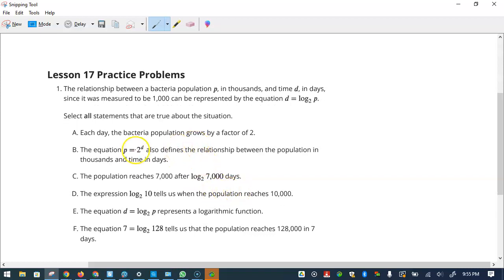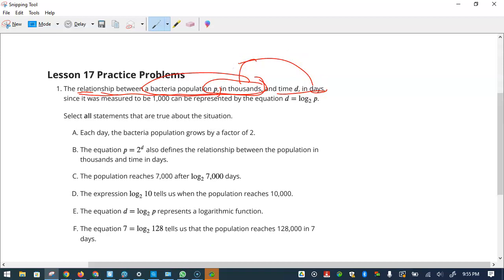You can pause this video for a while and see if you can figure out which are the correct options for this. Okay, so in this example, a relation between bacteria population P in 1000 and time D is given. So this is a relationship. It does not tell you which is the input and which is the output.